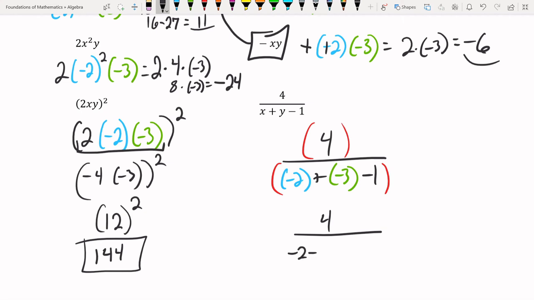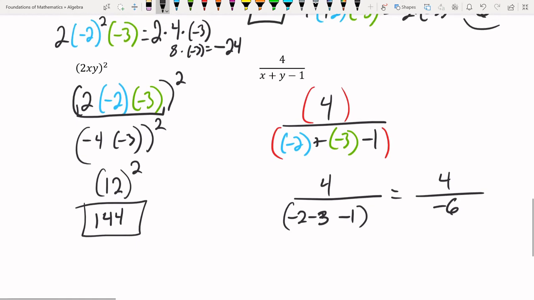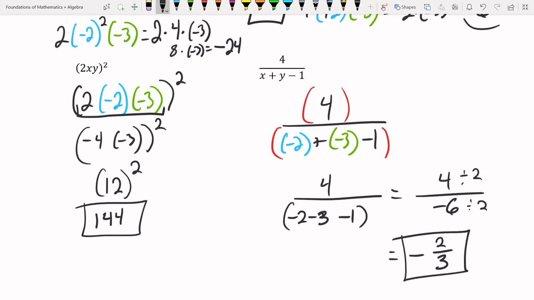So we have -2, -3, minus 1. Gives us -2 minus 3 is -5. -5 minus 1 is -6. And we have positive divided by a negative, which gives us a negative, and 4 over 6. That can be reduced by 2 on top and bottom, giving us 2 over 3. -2/3 is our answer there.